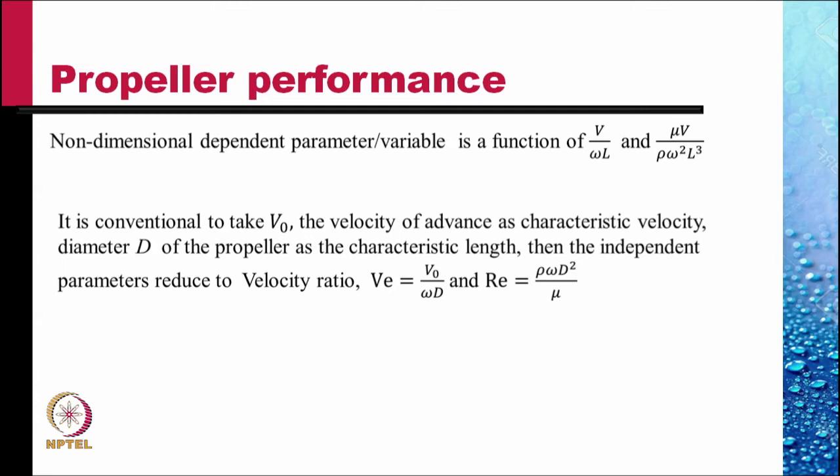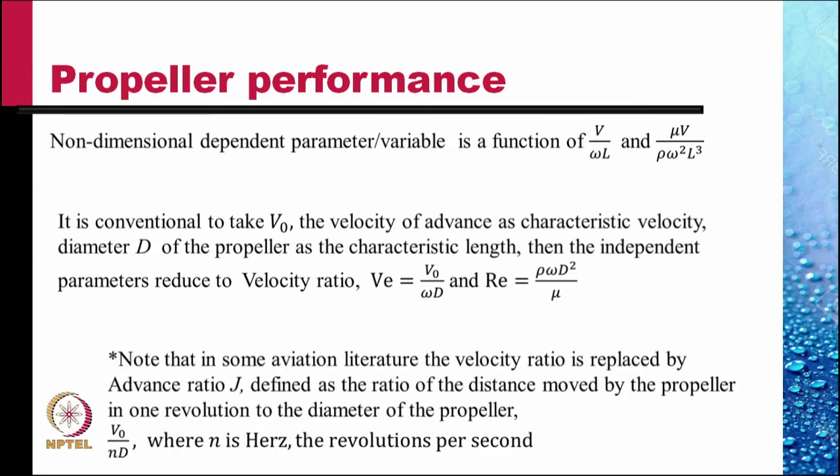It is conventional to take V naught, the velocity of advance, as the characteristic velocity, the diameter d of the propeller as the characteristic length, and then the independent parameters reduce to velocity ratio Ve equal to V naught divided by omega d and Reynolds number rho omega d square by mu.